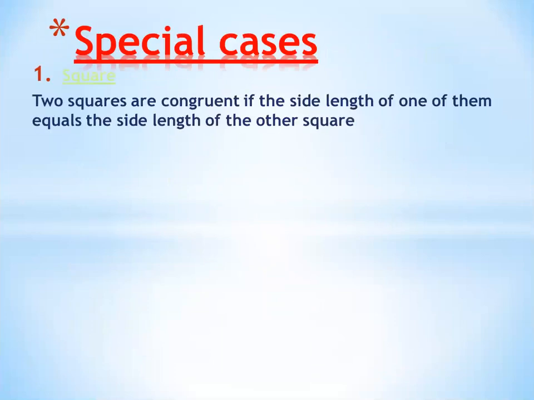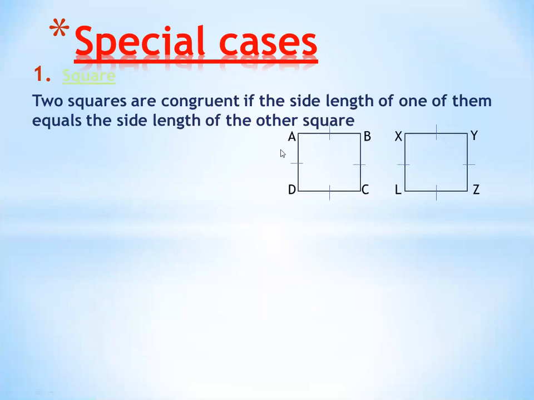There are some special cases. First, the square. Two squares are congruent if the side length of one of them equals the side length of the other square. Here I have two squares, ABCD and XYZL. As we know before, a square has four equal sides.